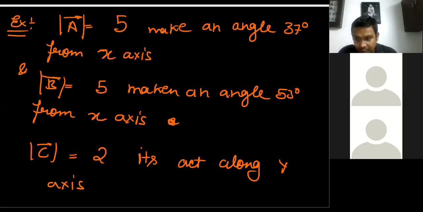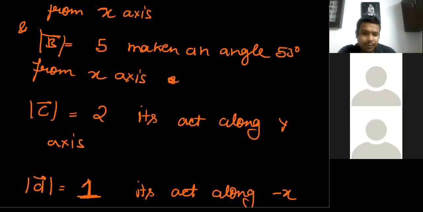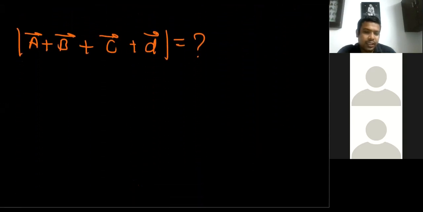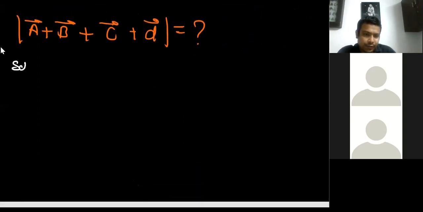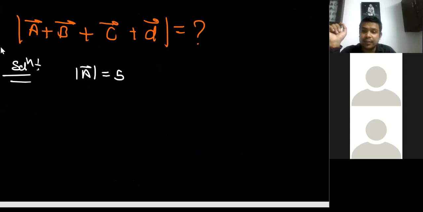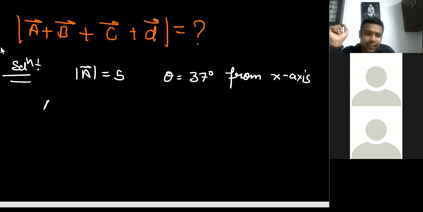Please give me some help. Tell me, my dear friends, in this question, the first information is: the magnitude of vector A is 5, and the angle is 37 degrees from the x-axis. Can you write this vector A in the form of orthogonal components? Tell me.